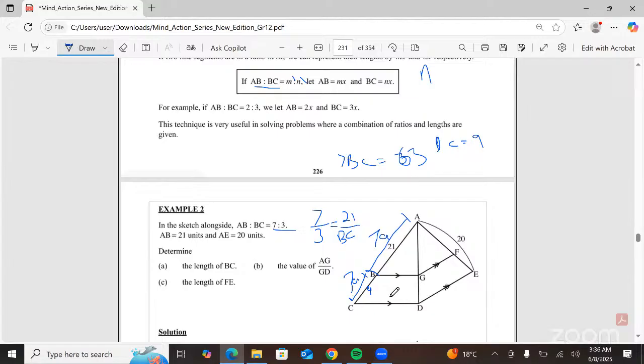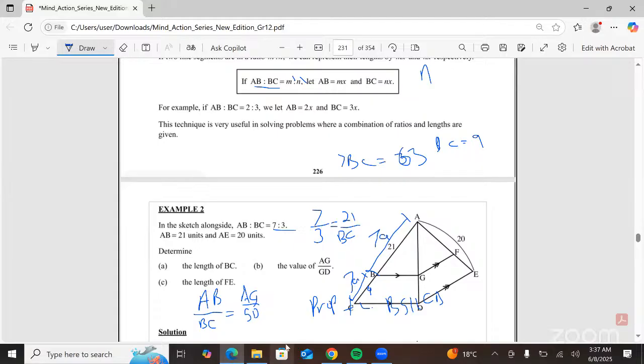Okay, now you play around with your proportionality theorem. Do you agree if I say AB over BC is equal to AG over GD? My reason is the proportionality theorem, then BG is parallel to CD.